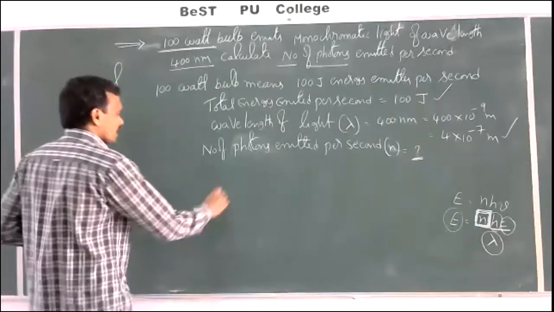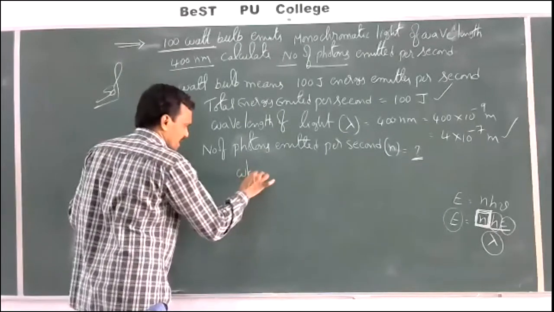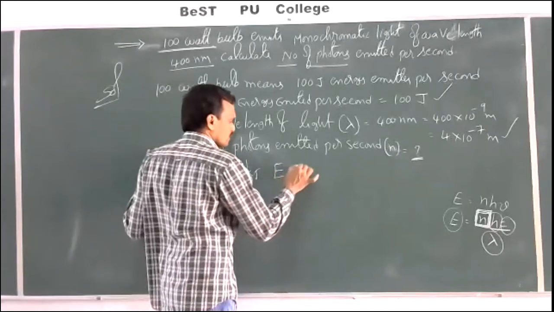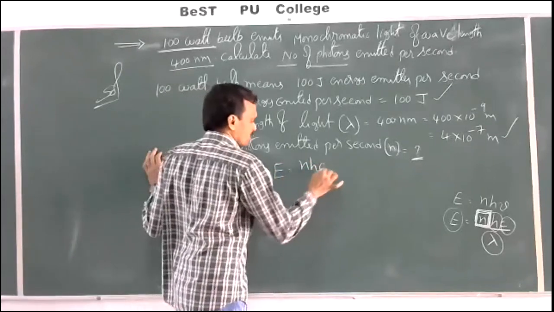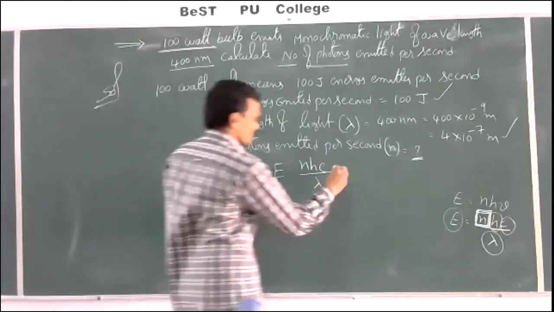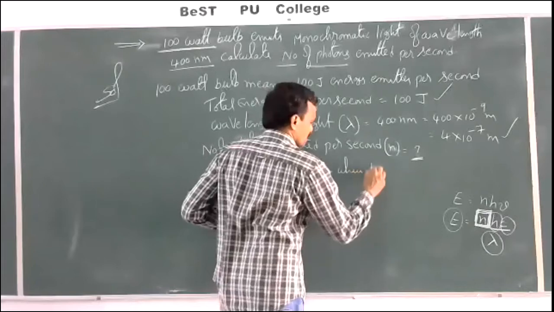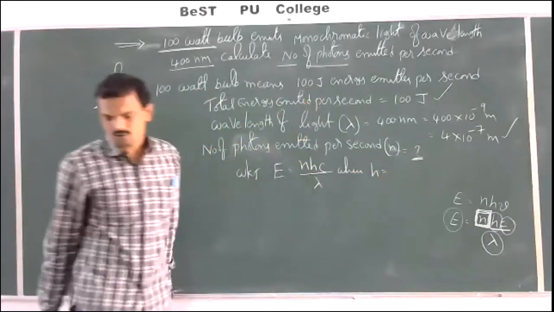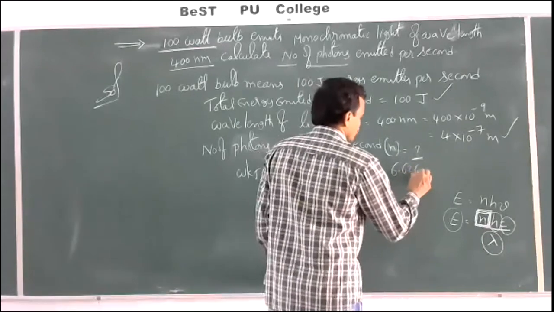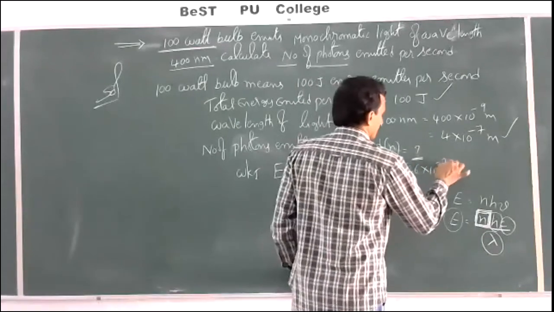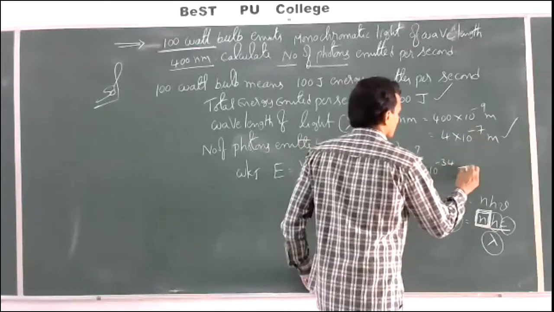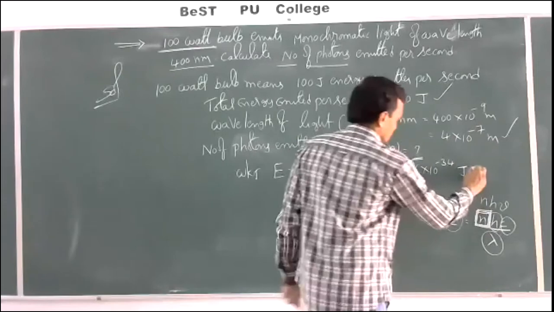Now, according to Planck's theory, as we know that energy E is equal to nhc by lambda, where h is Planck's constant, and its value is 6.626 into 10 power minus 34 joule second.